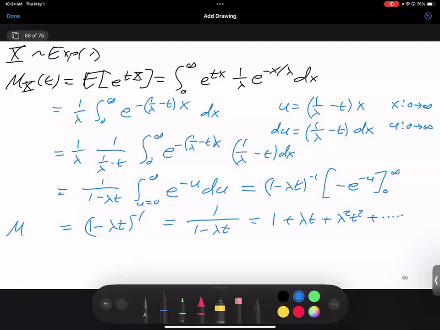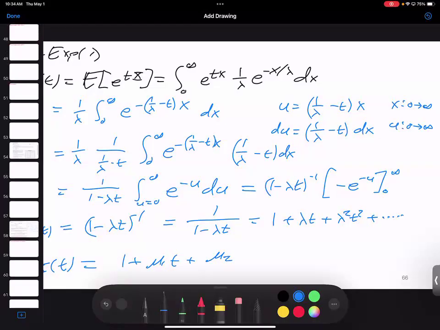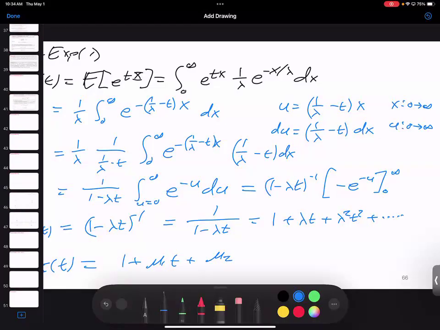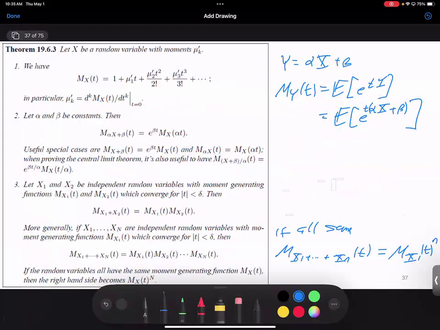But we also know that the moment generating function is 1 plus mu1 t plus mu2, so I'm just going back to over here with the primes.